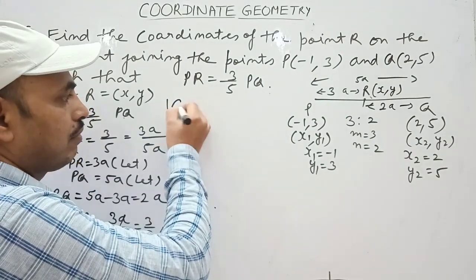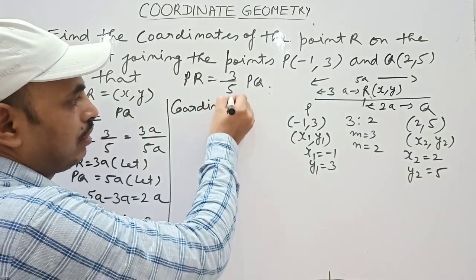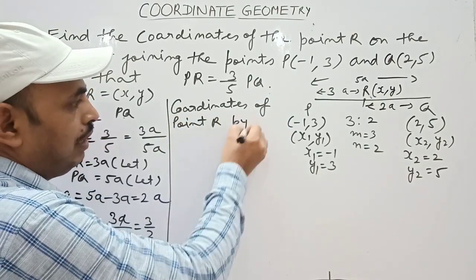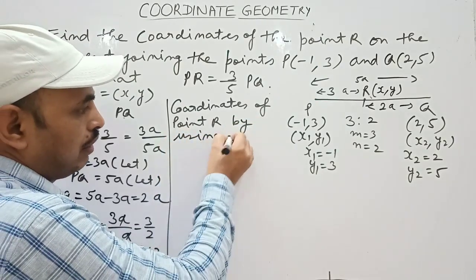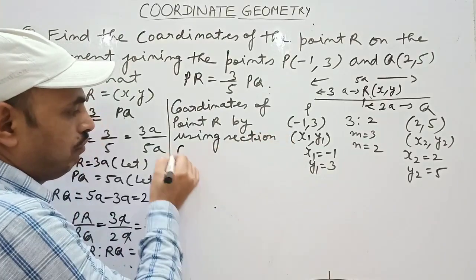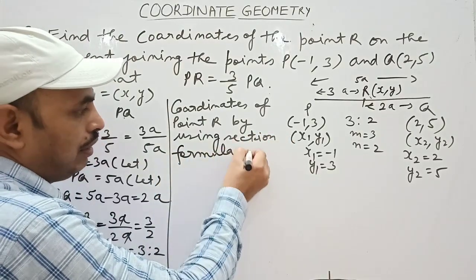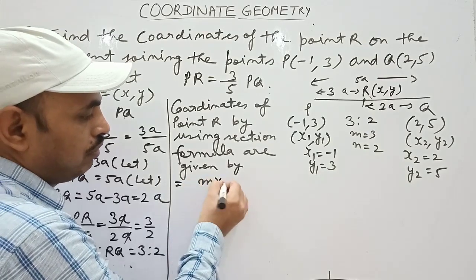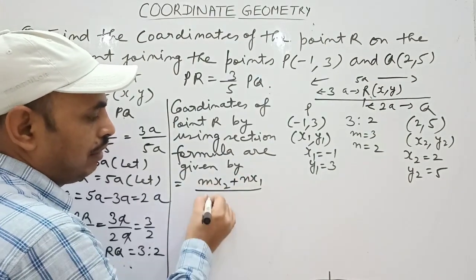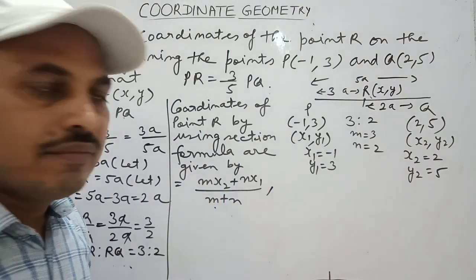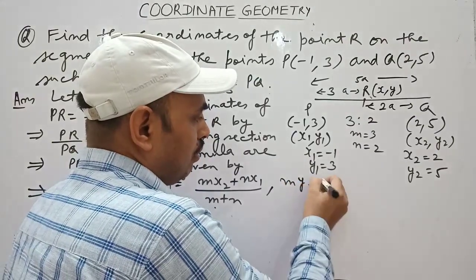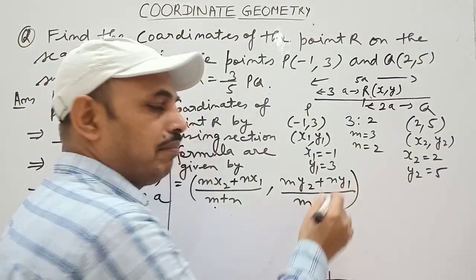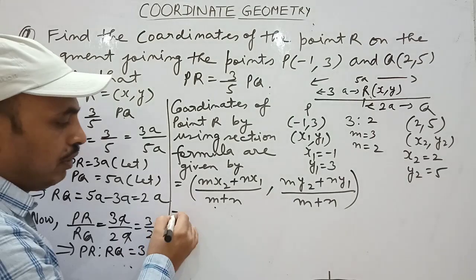So coordinates of point R by using the section formula are given by (mx2 plus nx1) upon m plus n, comma (my2 plus ny1) upon m plus n. Put values.